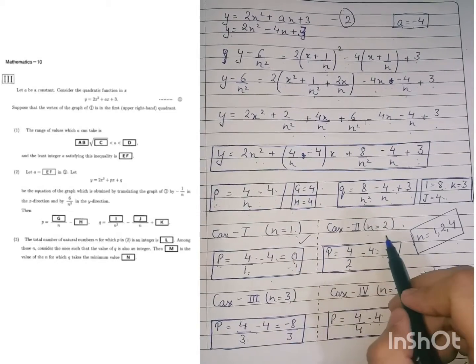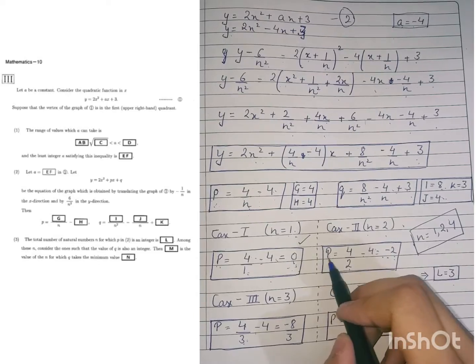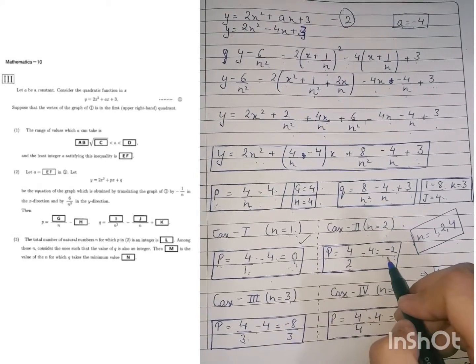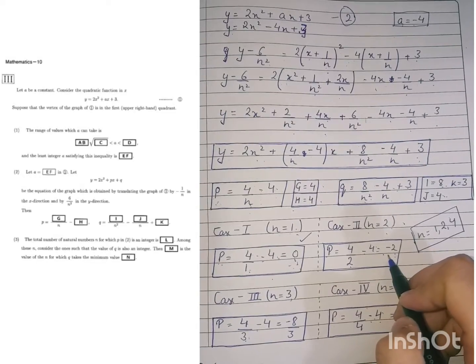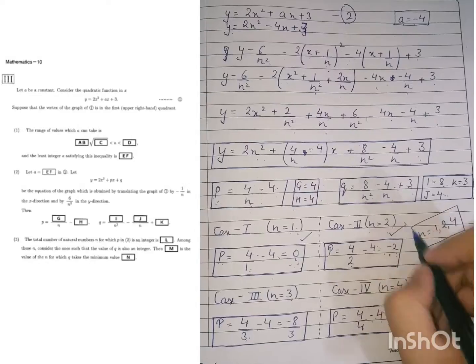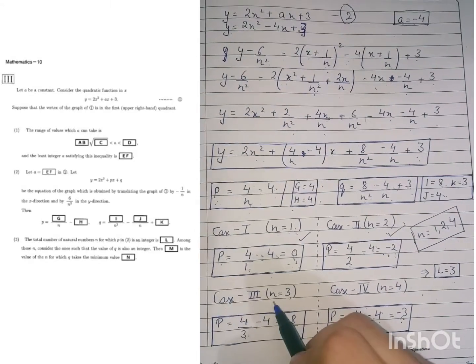Case number 2, when n is equal to 2. By putting the value of n is equal to 2 we get p is equal to -2. When we get p is equal to -2, it is an integer, it is a negative integer. Now third case is n is equal to 3.